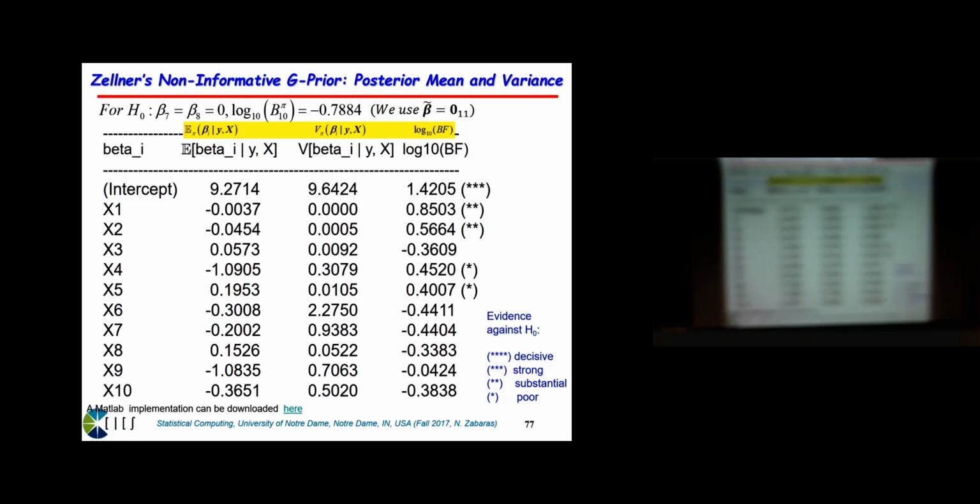How many total models may come out of this analysis that somebody will need to consider? Remember, each variable is in or out. So how many total models do I have? 2 to the power 11.